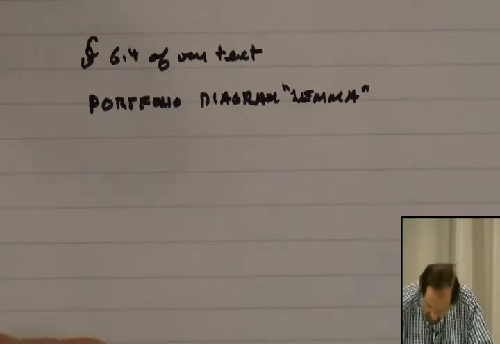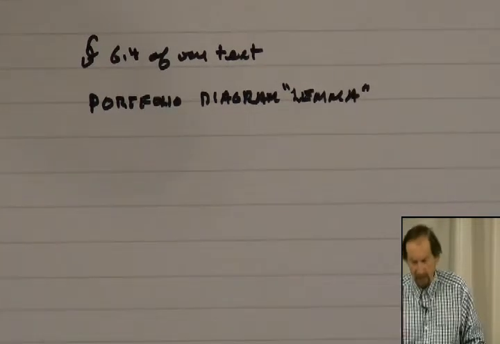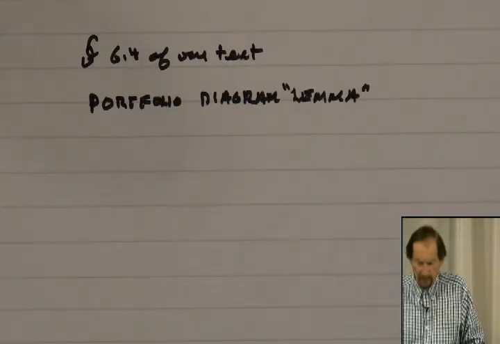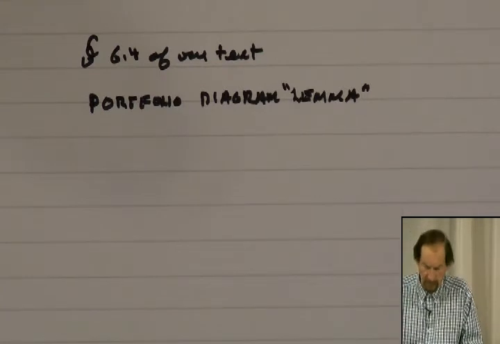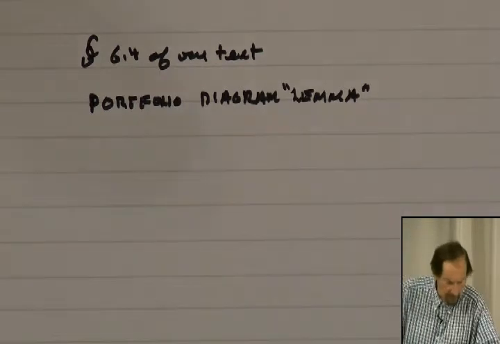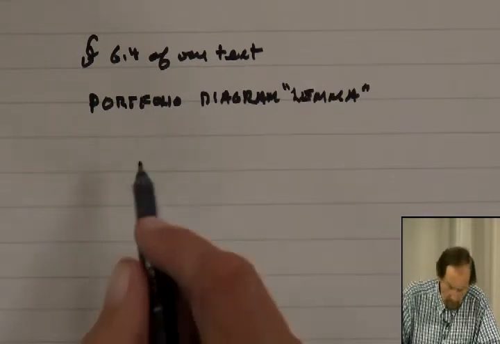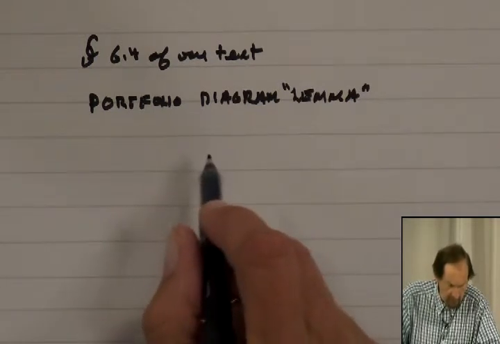Now, it's just a result. It's not a lemma. A lemma is a result that's used to prove another result. This is not used to prove another result. So I don't know why they call it the portfolio diagram lemma.